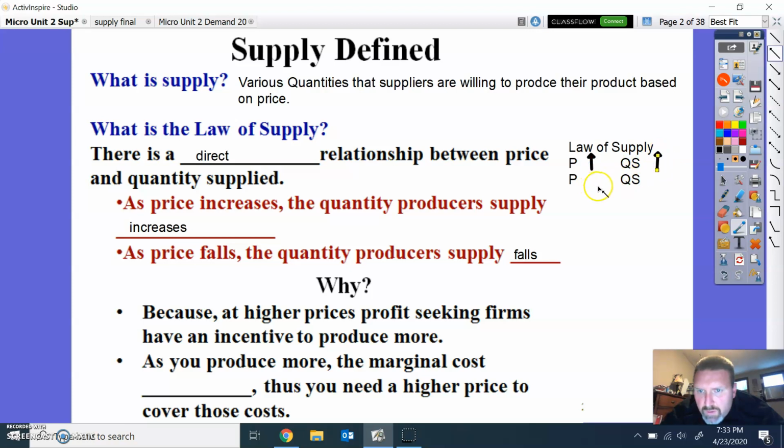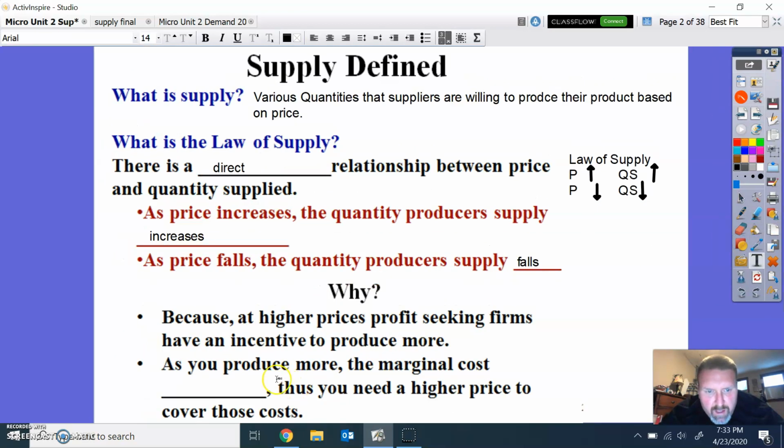As price goes down, quantity supplied goes down. Okay? Why? Because at higher prices, profit-seeking firms have an incentive to produce more. As you produce more, however, the marginal cost increases, so you need a higher price to cover those costs.